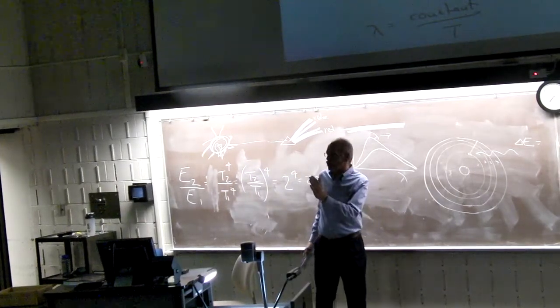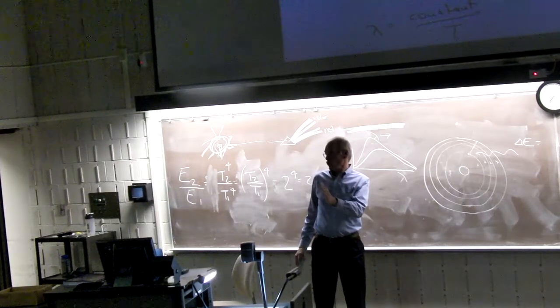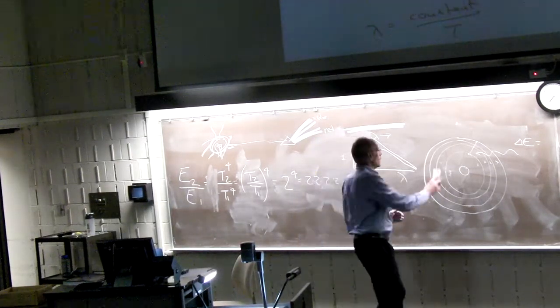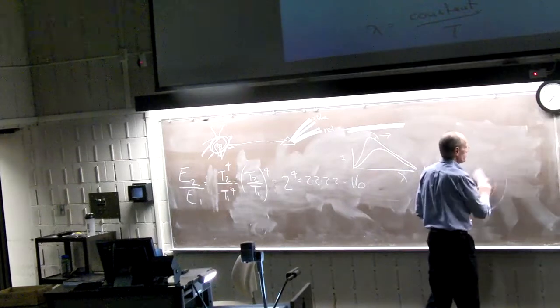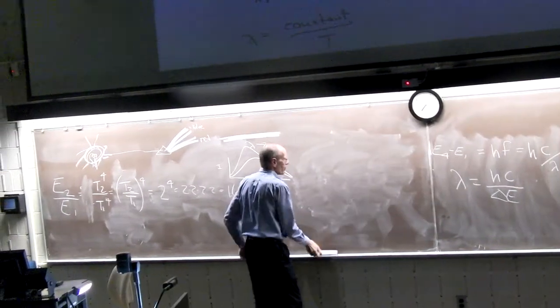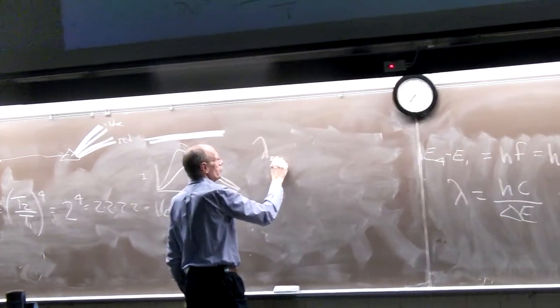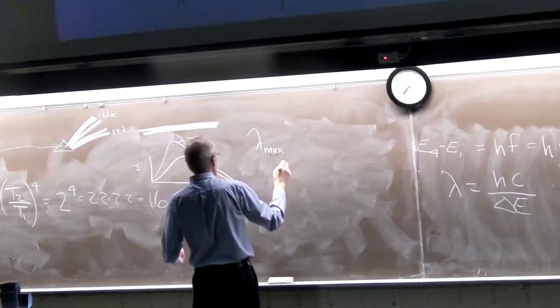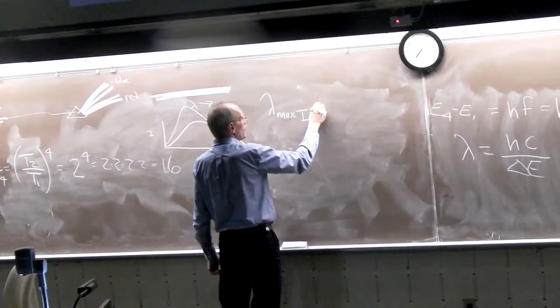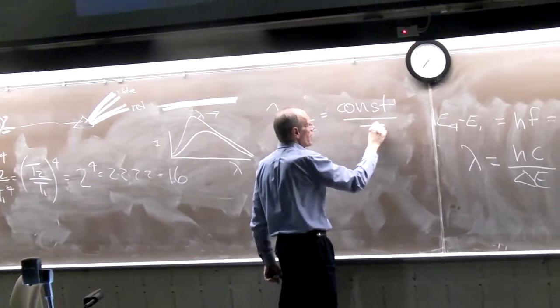at its temperature of 6,000 degrees looks yellow, right? And we have an equation that says the wavelength of maximum energy intensity equals some constant divided by the temperature.